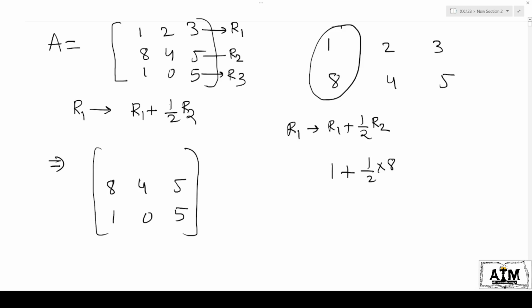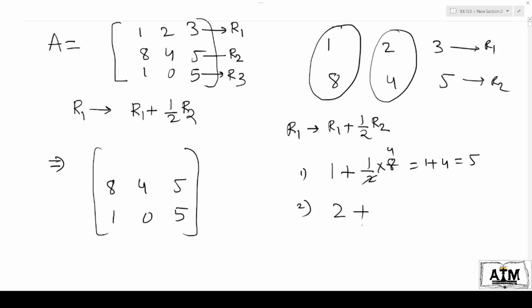So 1 plus half of 8, cut down, that is equal to 1 plus 4 equals 5. Now in the second case, 2 and 4. This entire line is R1 and this entire line is R2. So R1 is 2 plus half multiplied by R2, R2 is 4, that is equal to 2 plus 2 equals 4.